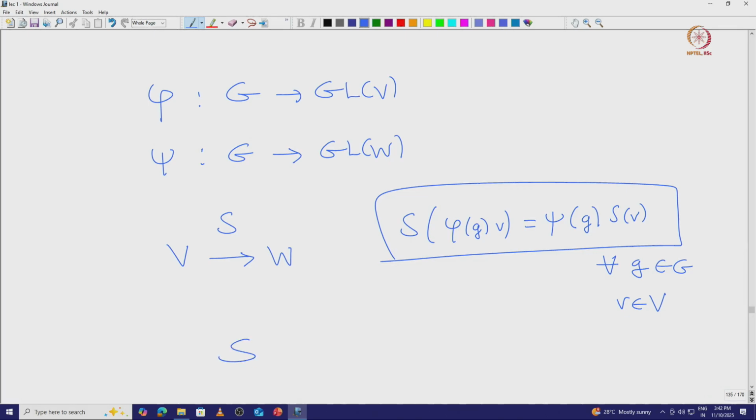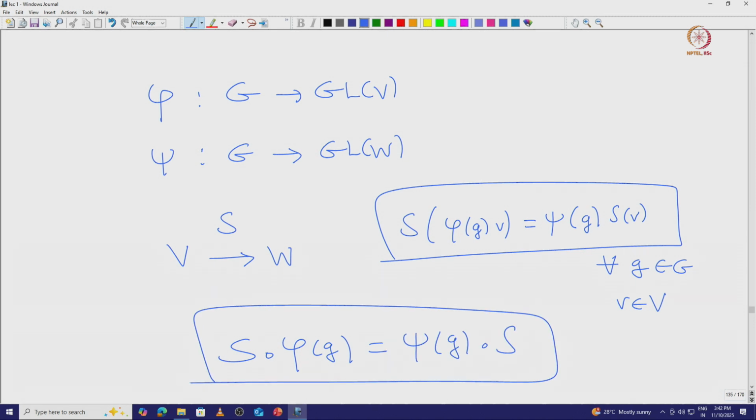This is the same as S composition phi of g is equal to xi of g composition S. That means S phi g S inverse is equal to xi of g, and this is what is called either a homomorphism of G representations or intertwining operators.